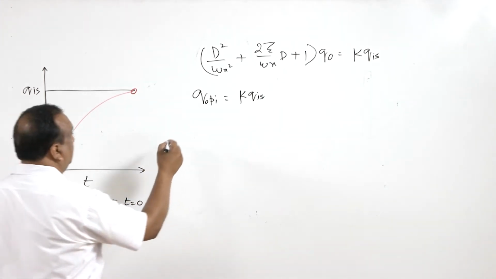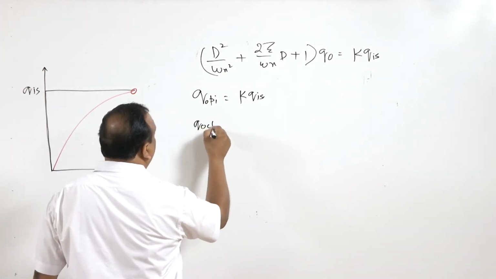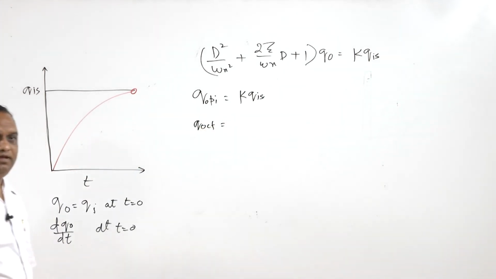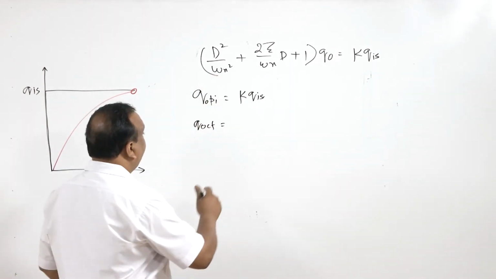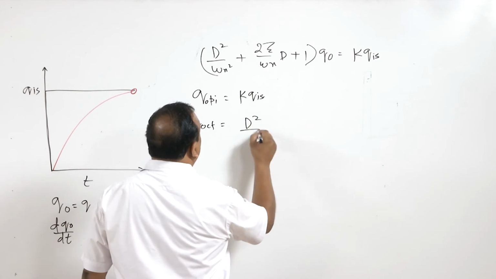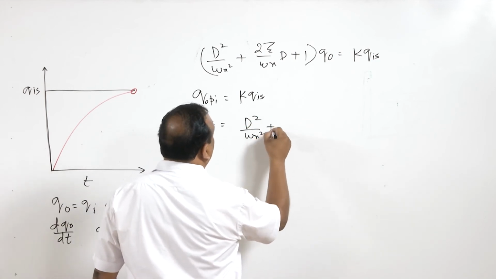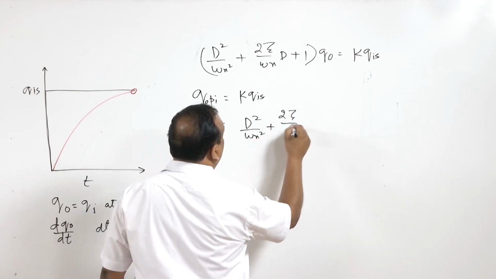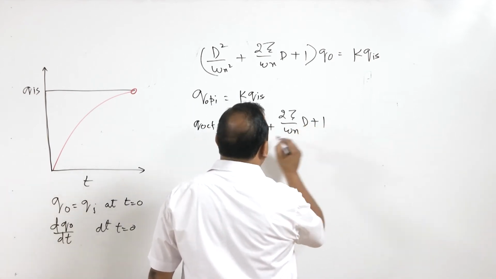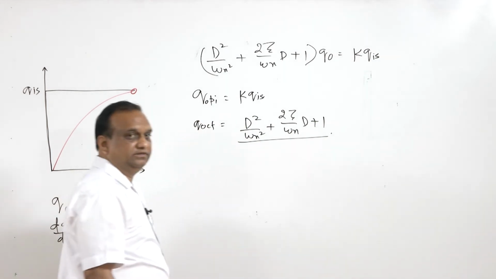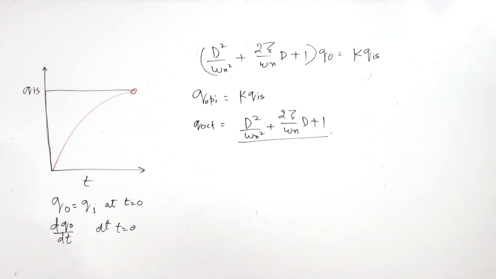For the QO complementary function, we have to solve this differential equation, that is, D square by omega n square plus 2 zeta by omega n D plus 1. We have to find the roots of this. Once we find the roots, then we will take the solution.